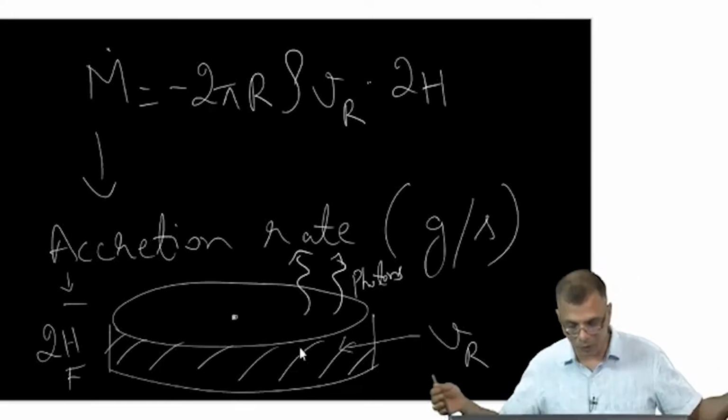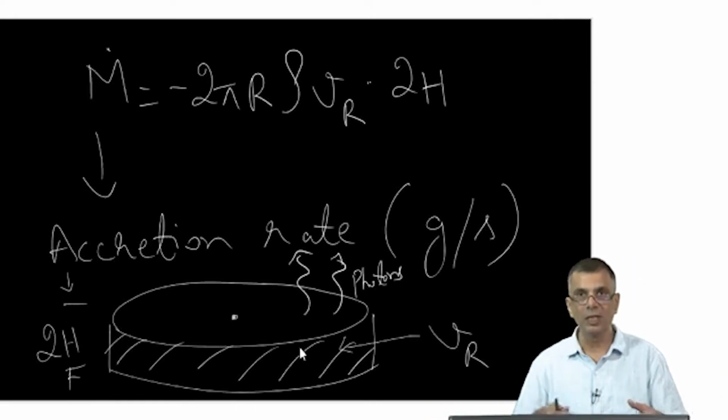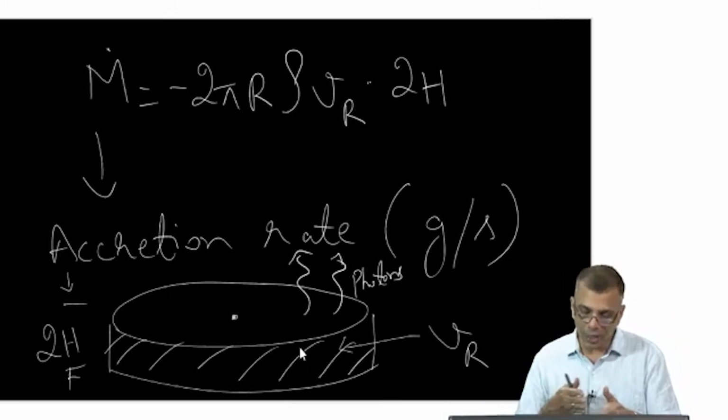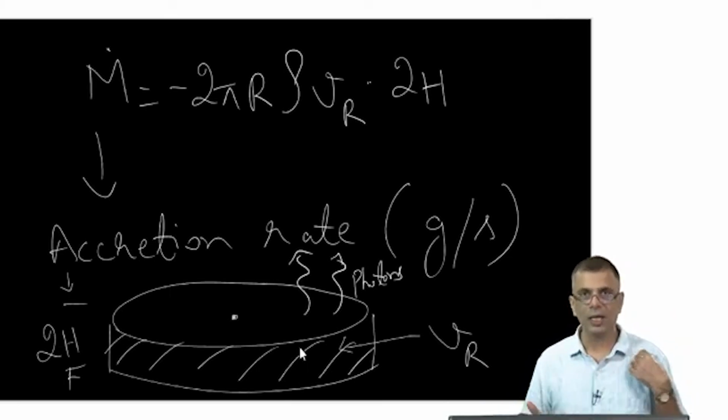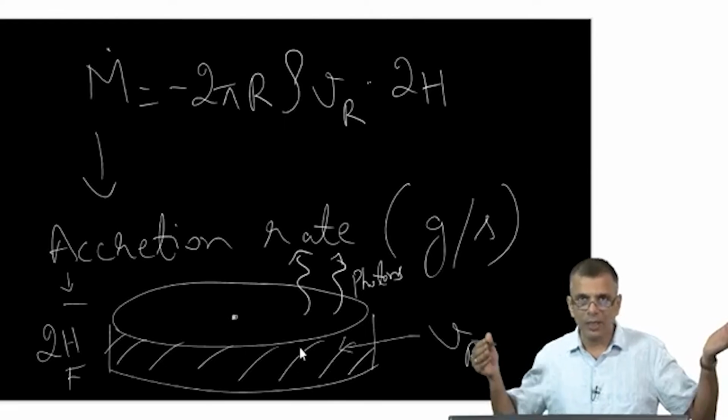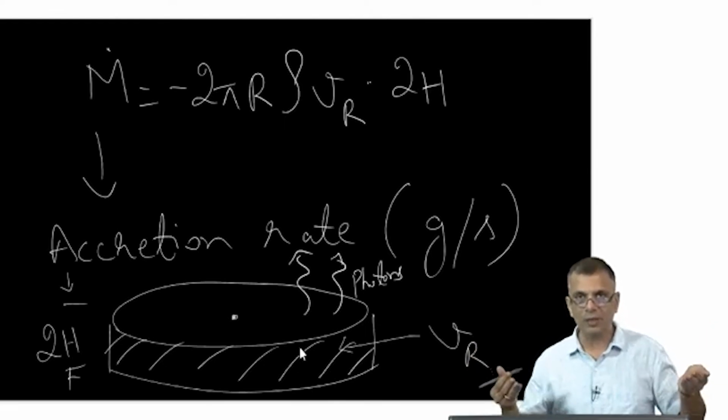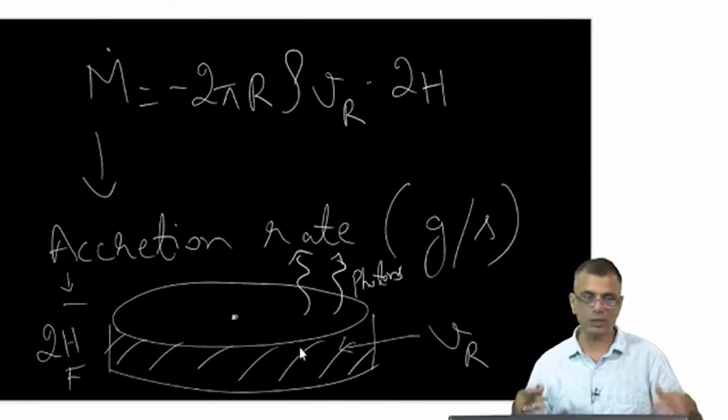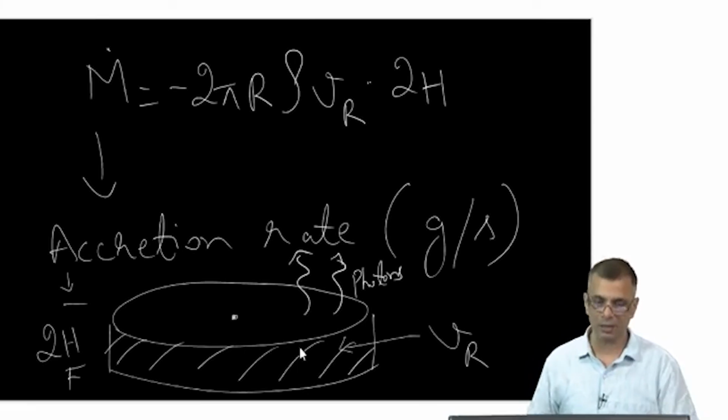The viscosity which enables the disk accretion to proceed results in heating of the disk, and the disk gets heated, its black body temperature rises and it emits electromagnetic radiation which enables us to see the accretion disk.